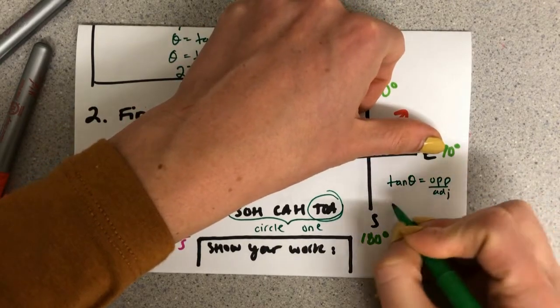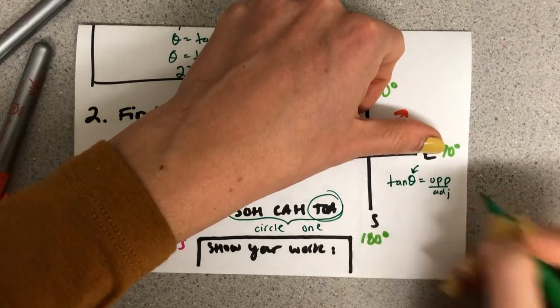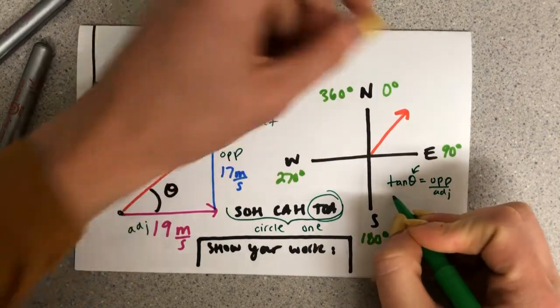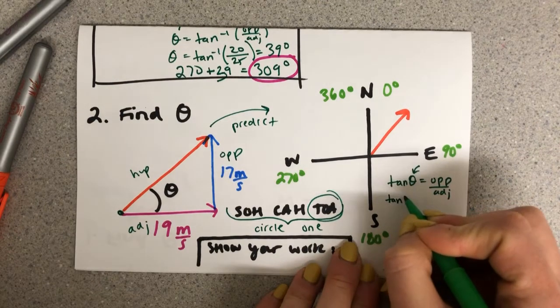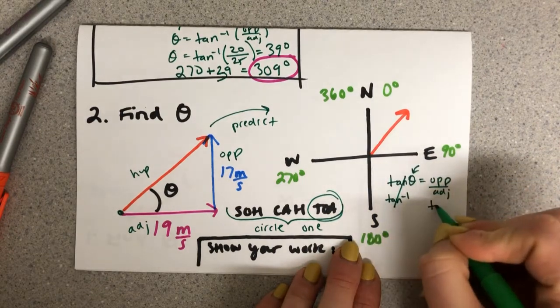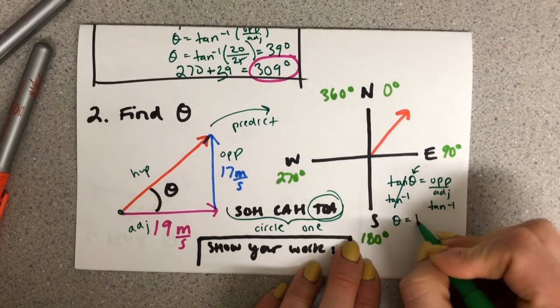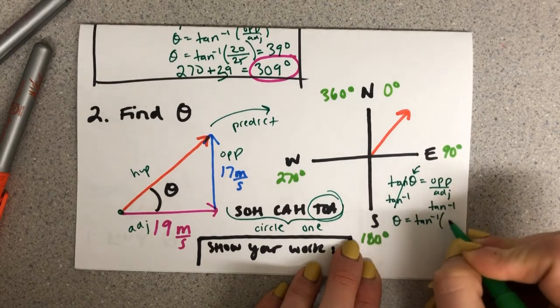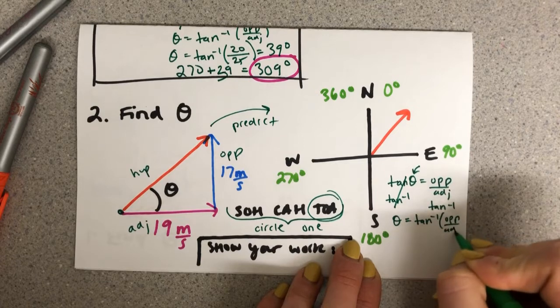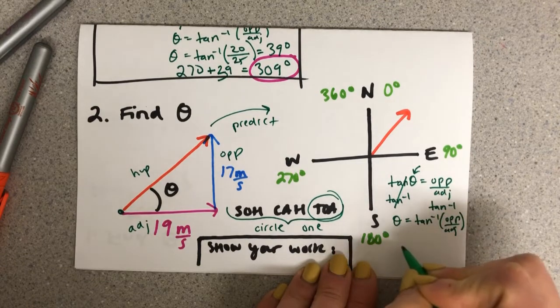opposite over adjacent. I want to get the theta by itself, so in order to do that, I go ahead and say tangent -1, that cancels. So my theta equals tangent -1 of opposite over adjacent, same exact thing every single time.